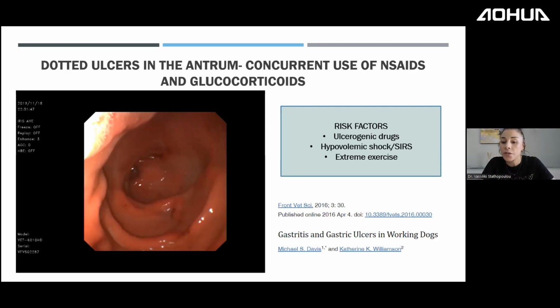In extreme exercise, we have a lot of references about gastritis and gastric ulcers in working dogs and in huskies, for example, that do sled work. So these animals are very prone to gastric ulceration.